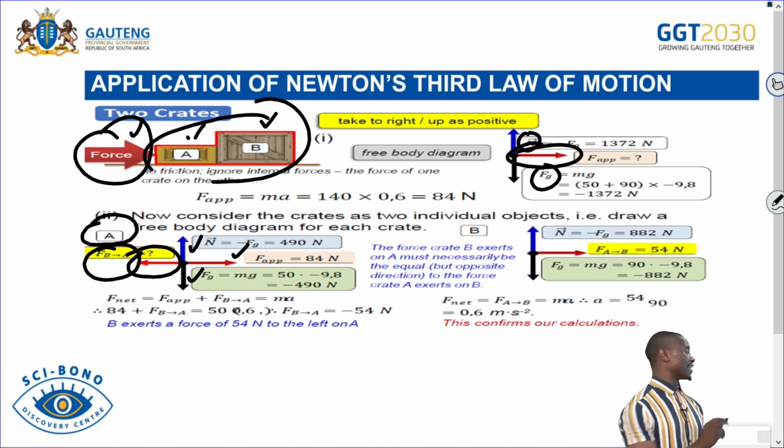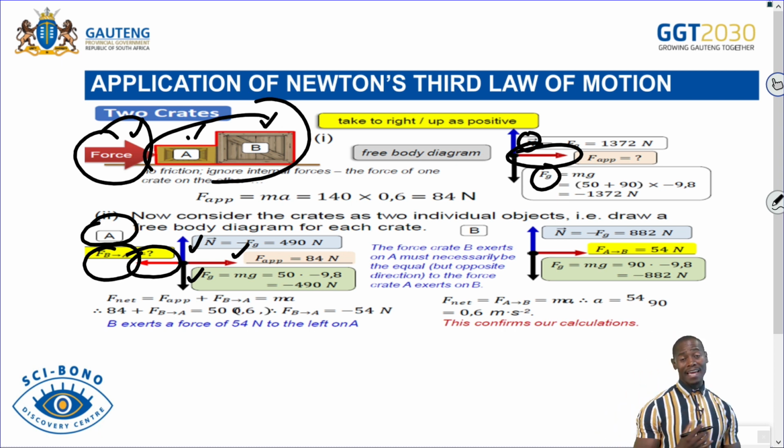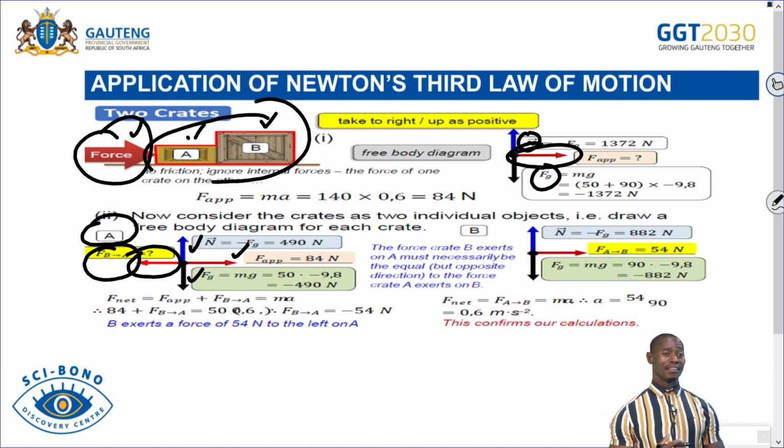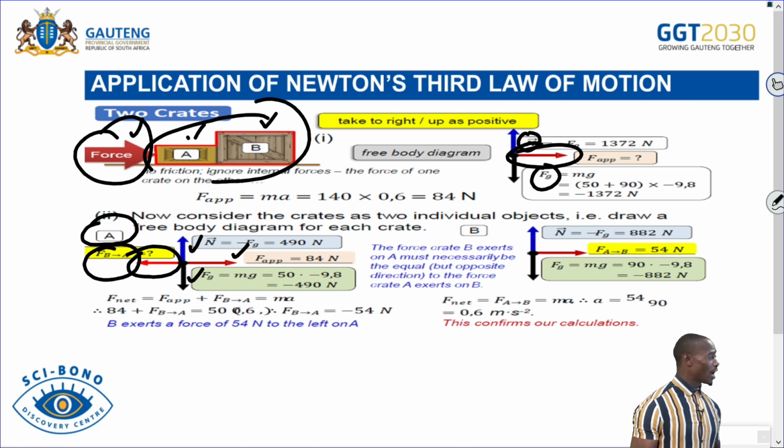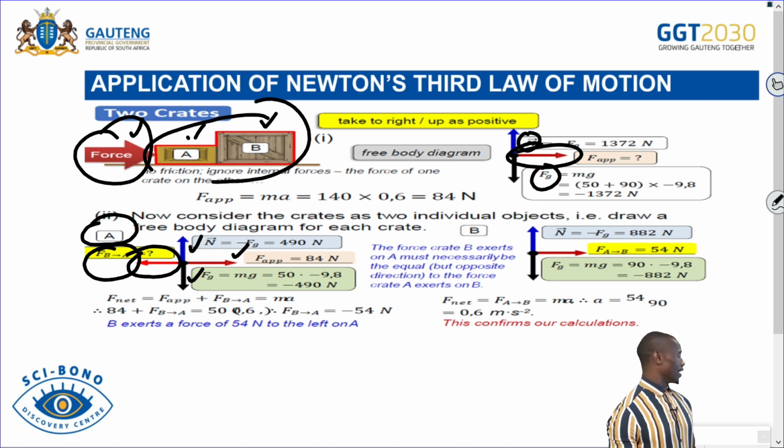And you can see they're acting in opposite directions. Okay, so it's where Newton's third law comes in. Between A and B there's contact, so there's a force exerted by A on B, and then the force exerted by B on A. Then you can now do calculations here. You can calculate what here? They wanted us to calculate what?